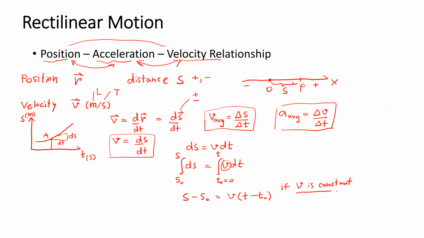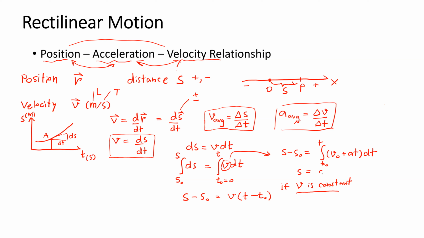Here, the S minus S0 will equal the integral of V equals V0 plus AT dt from T0 to T. So we can do the integral and obtain this relationship.